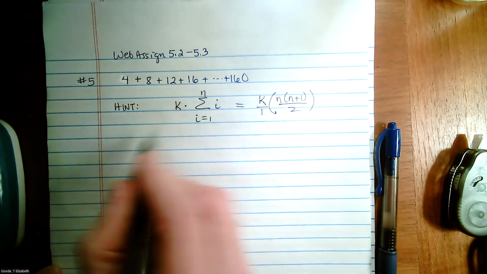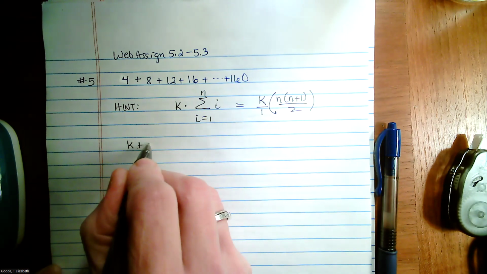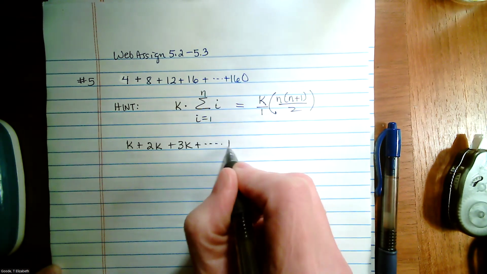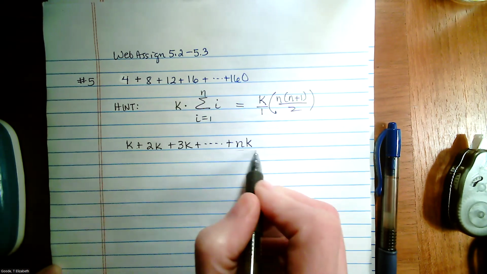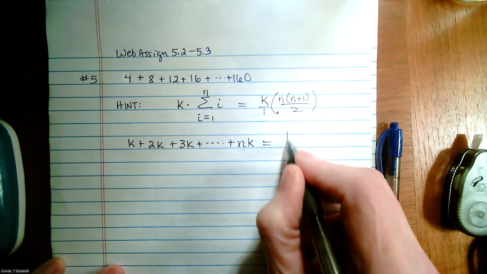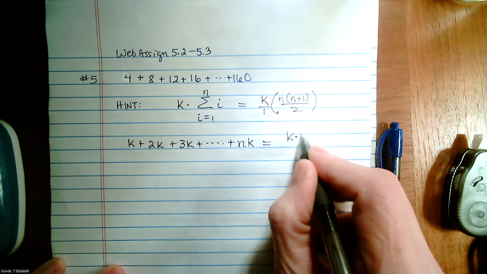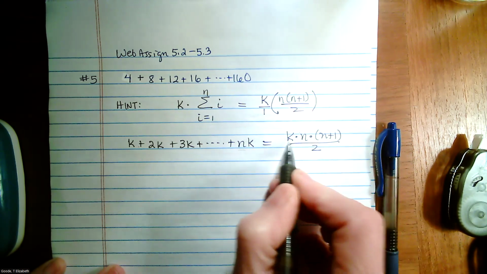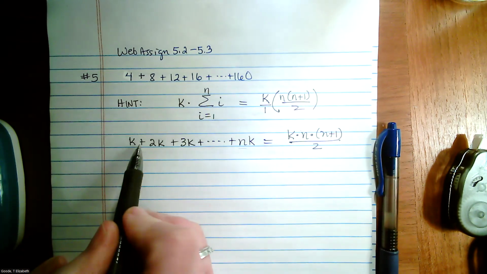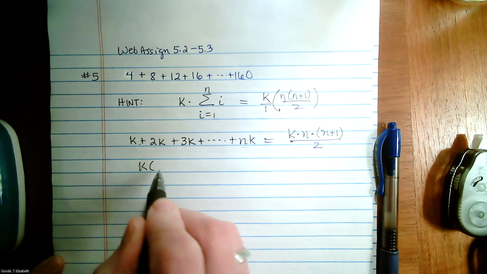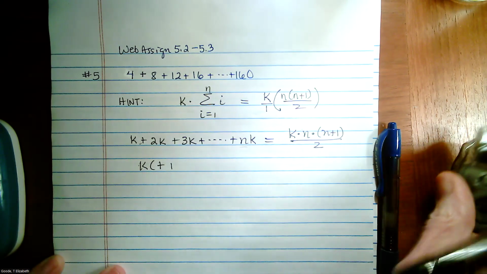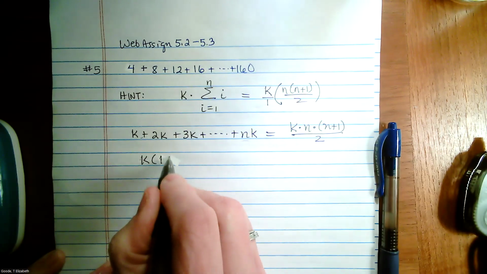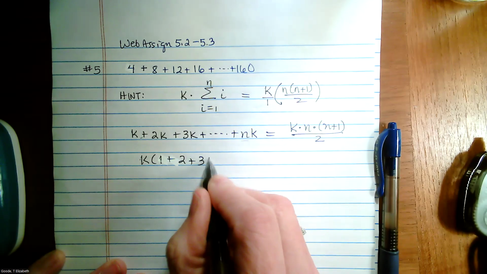So the point is if you have k plus 2k plus 3k plus dot dot dot plus the nth multiple of k, that formula is k times n times n plus 1 over 2. We multiply our sum formula. See, this means you can pull a k out and you're left with 1 plus 2 plus dot dot dot up to n. See what I mean?